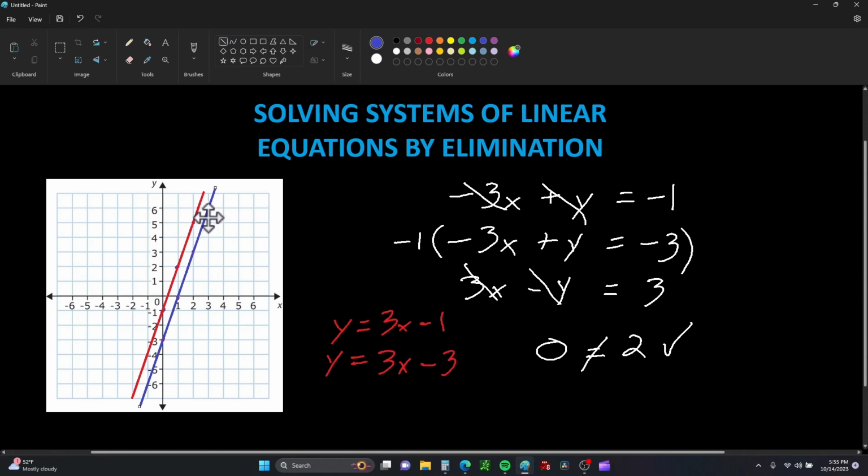And these two lines have the same slope, but different y-intercepts. And that means that they're parallel, but they'll never touch.